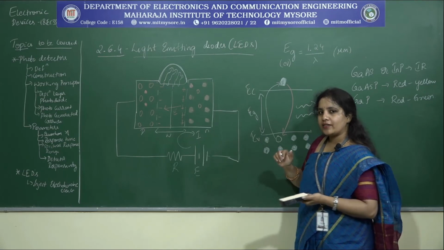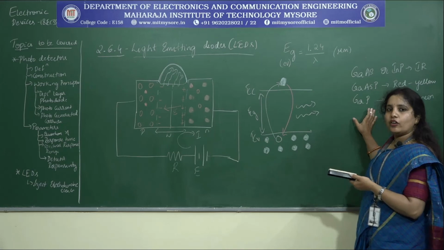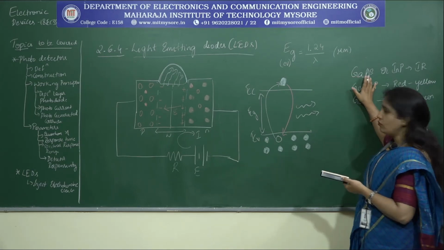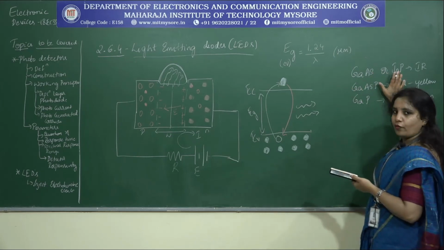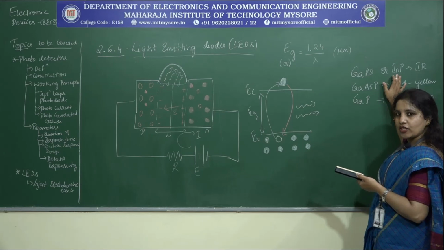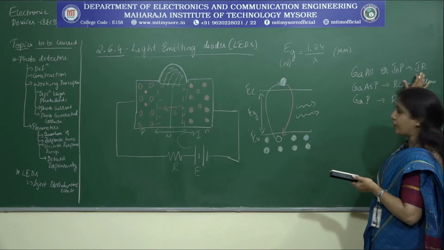Whereas the other alternatives that we can have are the compound semiconductors. Now what are the different compound semiconductors we can have? One is gallium arsenide or indium phosphide. Now these two will generate light in the IR range, which is not in the visible range.